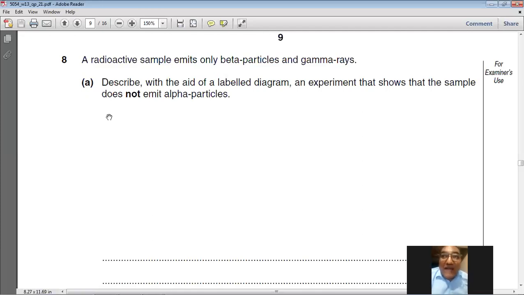So when I put a paper between the sample and the detector GM tube, if alpha particles were present, the reading of the count rate should drop. But if it has not, it means that alpha particles are not emitted by this sample.